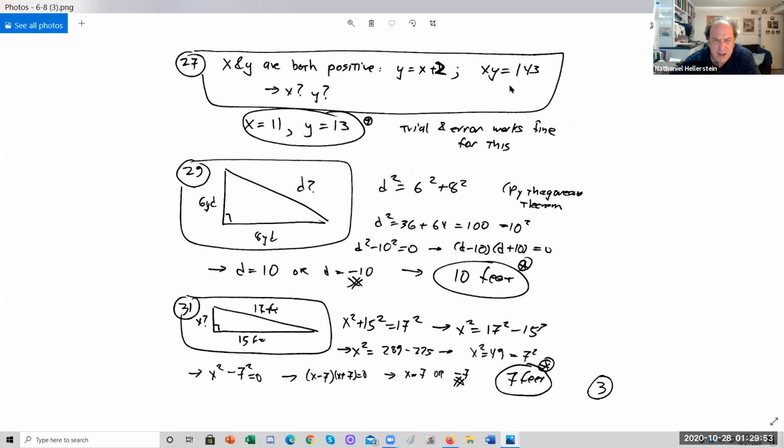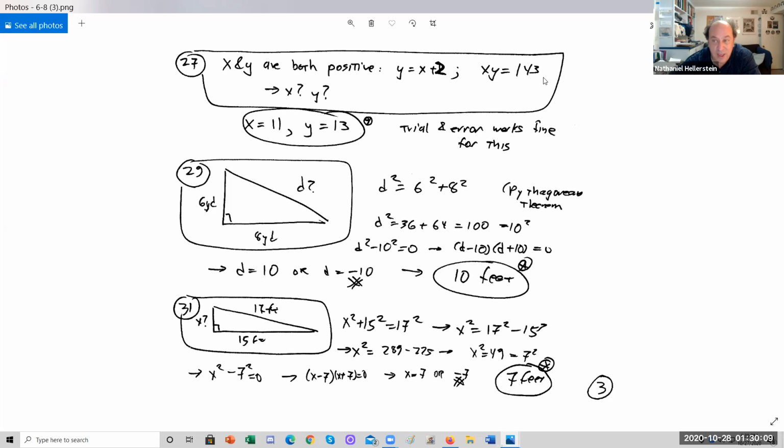Here, it's actually kind of silly to put it in terms of a quadratic. x and y are positive integers. y is 2 more than x. Their product is 143. What's x and what's y?